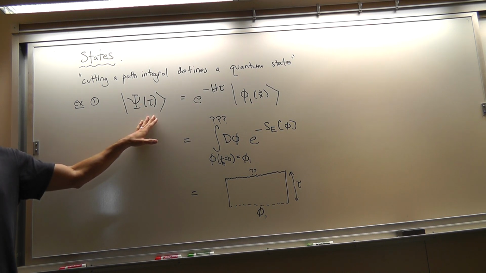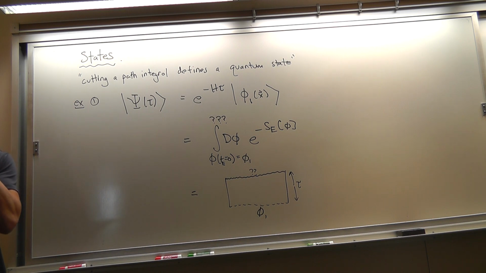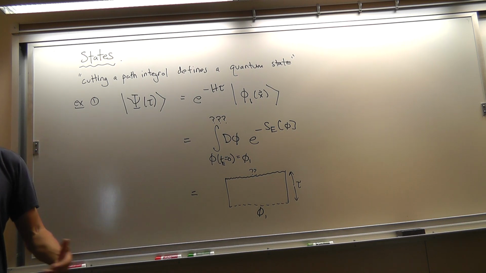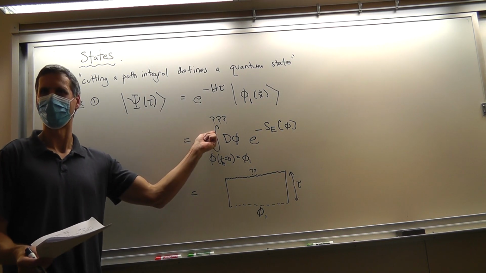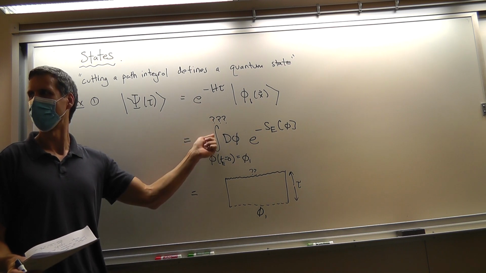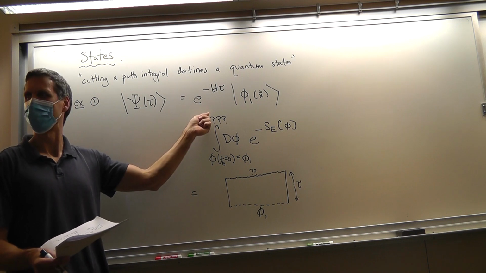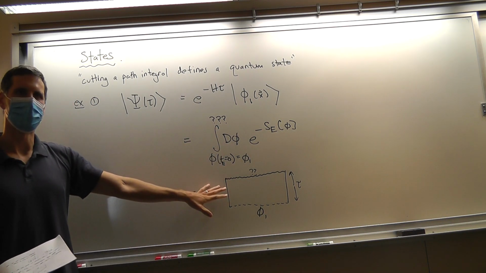If we pick a basis like the x basis, or in this case the field basis, a quantum state is a functional on field data that turns field data into numbers. And that's exactly what an integral is that's missing an endpoint. This integral is a functional on boundary conditions that turns boundary conditions into numbers. And that's what this picture is.